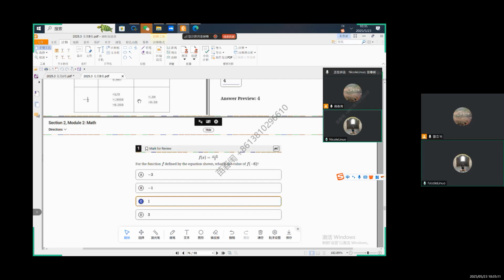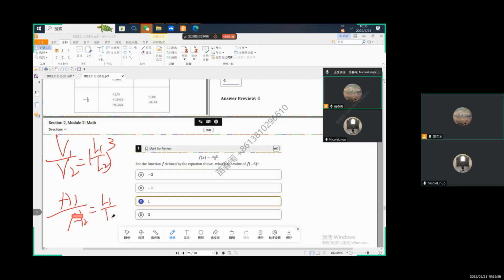Maybe you don't remember the formula? It's basically V1 over V2 is L1 over L2 cubed. And area 1 over area 2 is L1 over L2 squared.